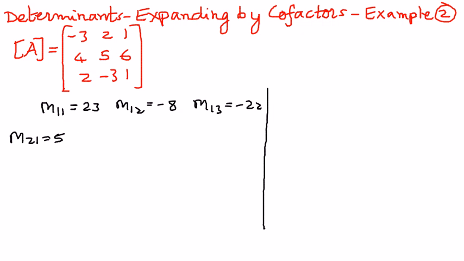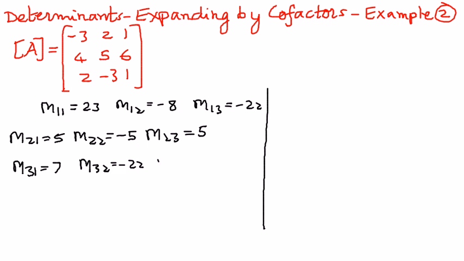Let me clean this thing up a little bit. M22 is -5, and then M23 as 5. Then M31 is 7, M32 is -22, and M33 is equal to -23.